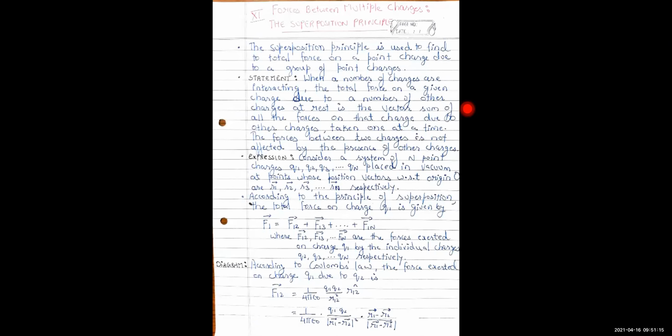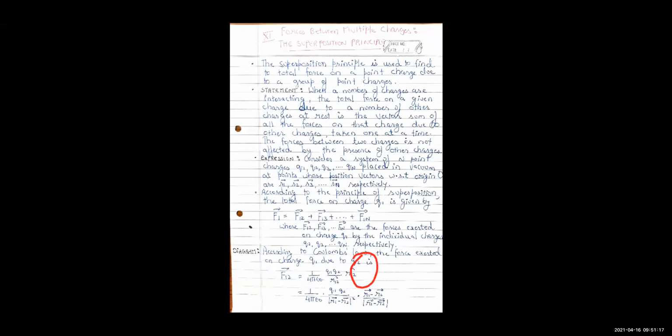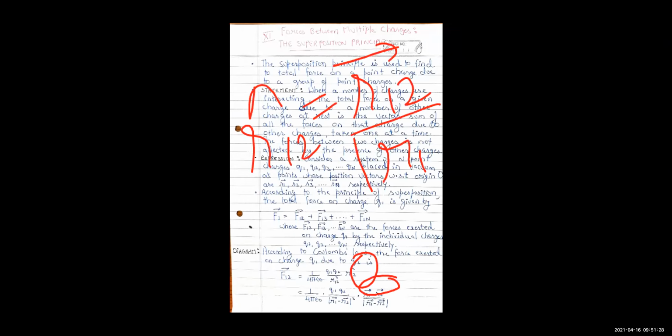And we know a unit vector can be represented as vector upon its magnitude. So the R12 unit vector is nothing but vector R12 upon the magnitude of R12. So R12 is R1 minus R2 upon magnitude of R1 minus R2. So below, it will become a cube: magnitude of R1 minus R2 cubed.